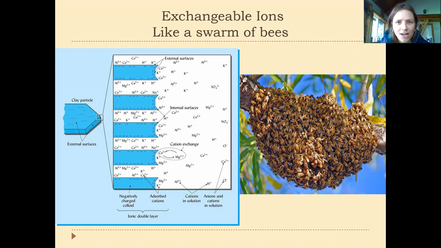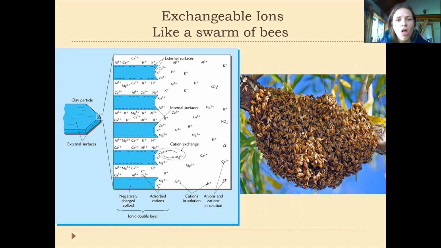You can imagine this like a little swarm of bees, where bees are constantly coming and going. As one bee happens to get a little bit closer as it's buzzing and vibrating around, it can get right into the center of the swarm, and then another one will take off as it vibrates. It ends up being slightly farther away from the negative surface at that moment. They'll exchange, and then all these things are constantly in motion.